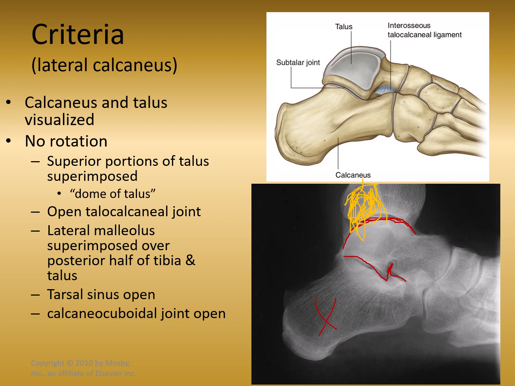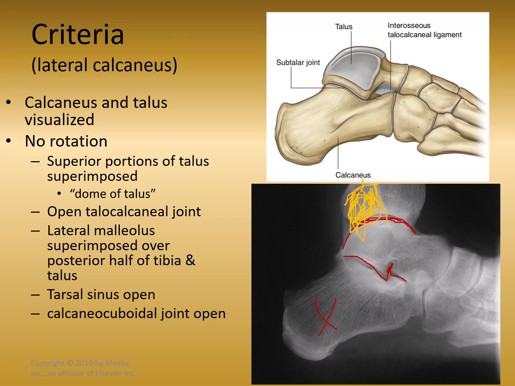All of those things, so that definitely is about rotation, right? No rotation demonstrated by the fibula superimposing the posterior half of the tibia, right? The talocalcaneal joint visualized and demonstrated, the calcaneus in profile.